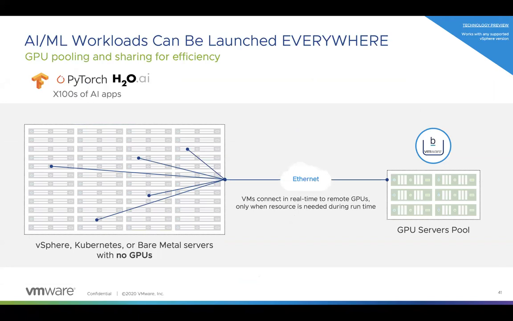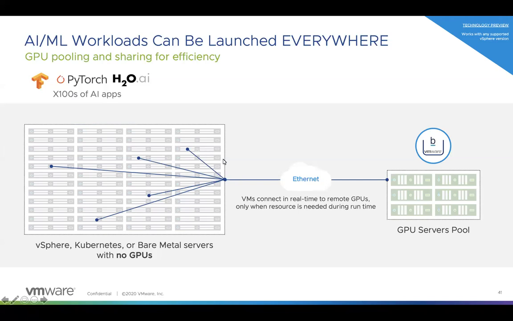The GPU servers can reside remotely. They don't have to be part of the ESXi server where your ESXi is running. They can run remotely, and we pull in those capabilities and expose them to the VMs running on your ESXi servers.